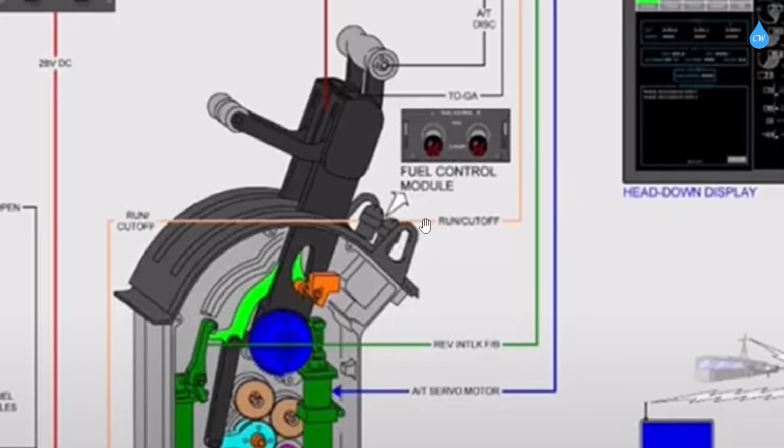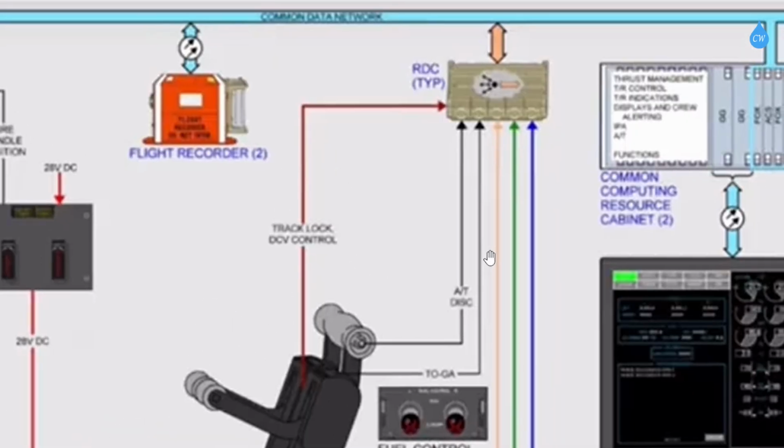I also saw this line going to this RDC interface, which is basically a translator for input signals, voltage signals, and translates them into a protocol to communicate with other equipment on the airplane.